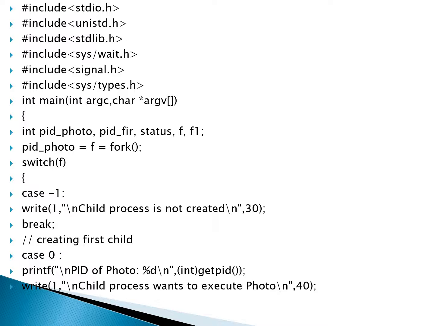Fork is nothing but to call the function, call the application. The first switch case is for the first child, here it is photos. So in case 1, we have displayed that the process is not created, and then we create the first child.